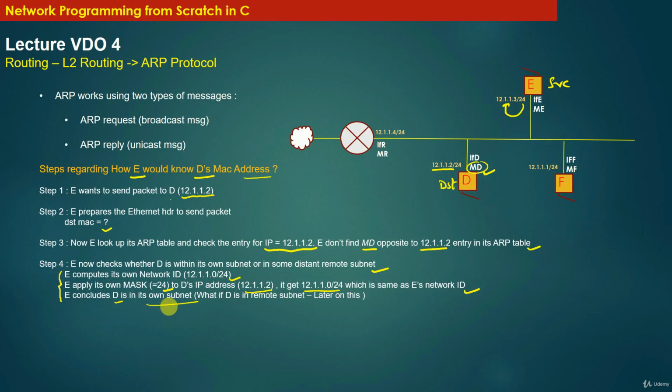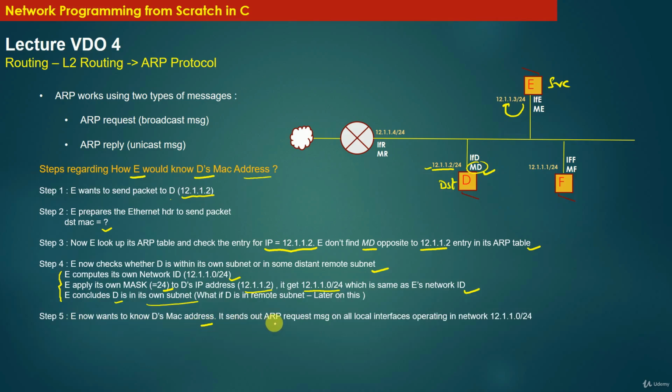Now once the source machine E concludes that the destination machine D, to which it is trying to send a frame, is present in the local subnet, source machine E can now launch an ARP broadcast request message to know the MAC address corresponding to IP address 12.1.1.2. So in step 5, E now wants to know D's MAC address.